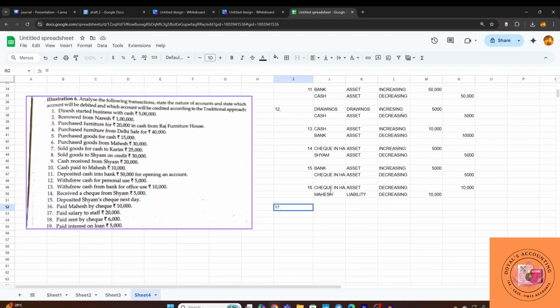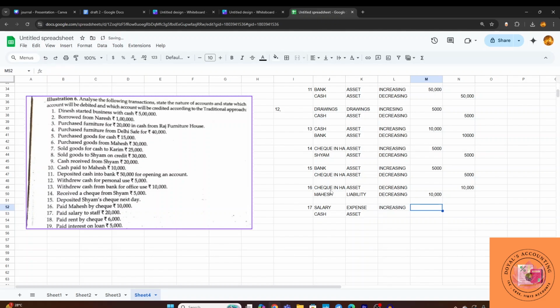Now number 17. We paid salary to staff worth rupees 20,000. Okay. So salary account and cash account. I'm assuming salary is an expense, cash is an asset, expense by nature is a debit, and here it is increasing.